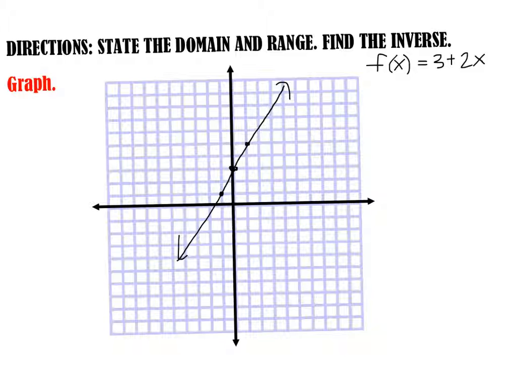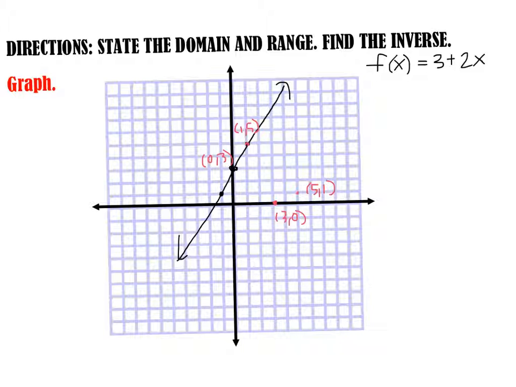Now the inverse switches all the coordinates. So if this is the point 1, 5, then we have the point 5, 1 on the inverse. Then if it has the point 0, 3, the inverse has the point 3, 0.